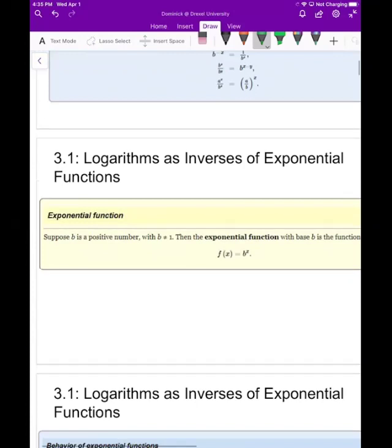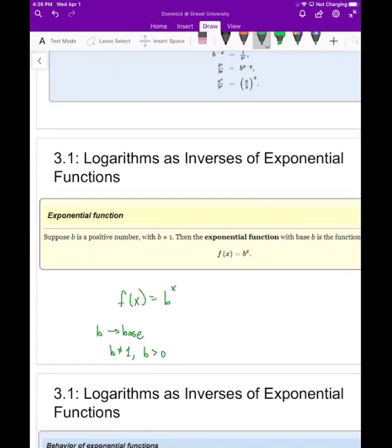When we talk about an exponential function, something like b to the x, we typically call b the base, and we need b to not be equal to 1. We also need b to be greater than 0. You can think about why these would be problems. If b were equal to 1, then you have 1 to the x, and 1 to any power is just 1, so you would have a line and not an exponential function.